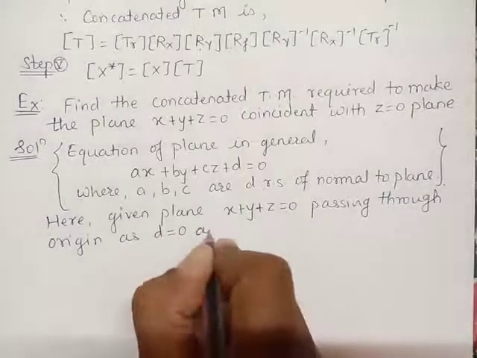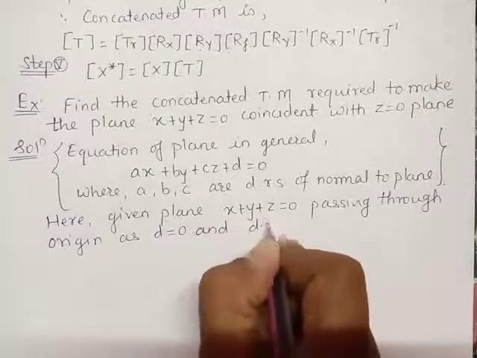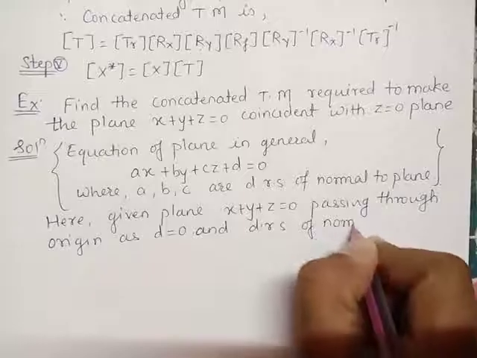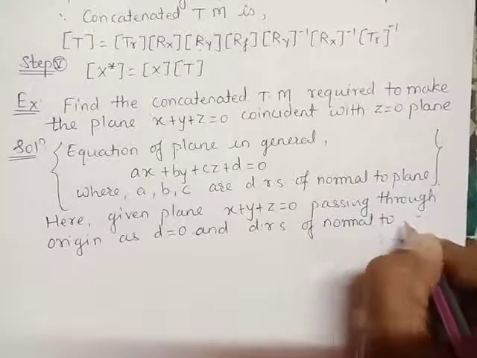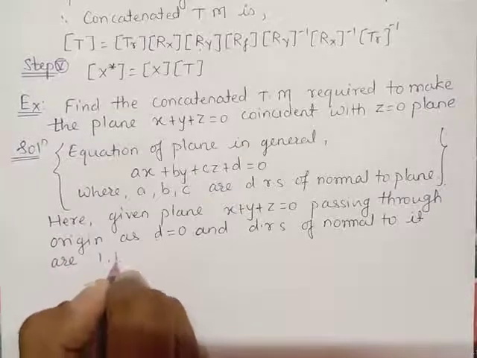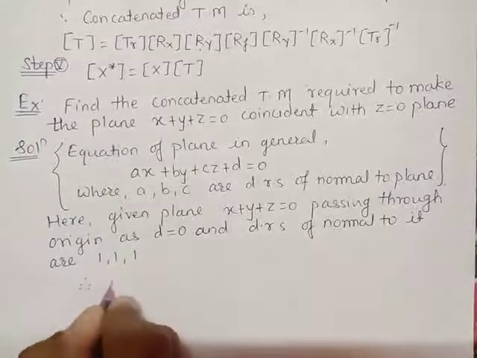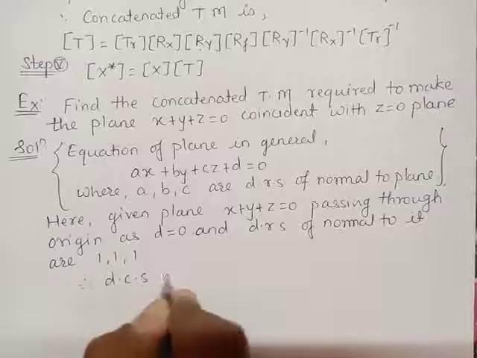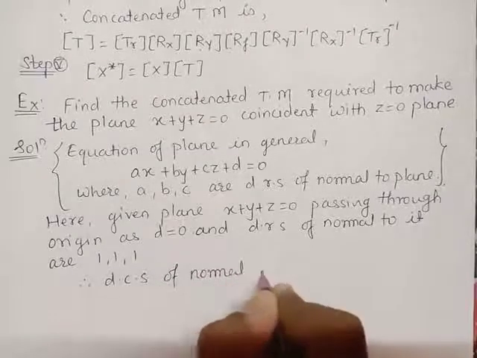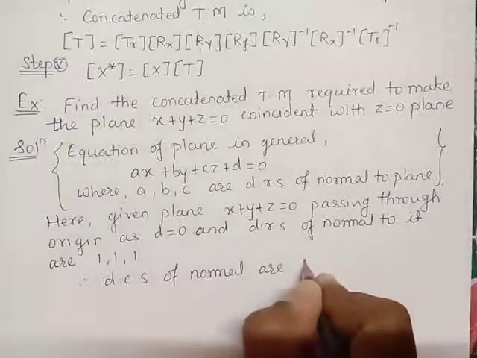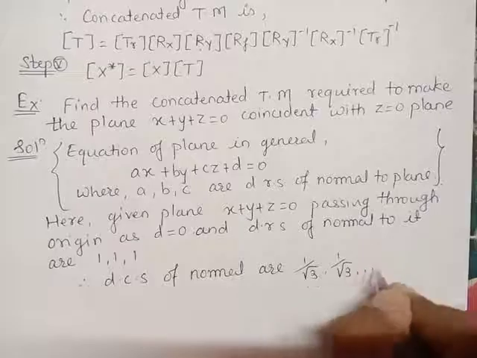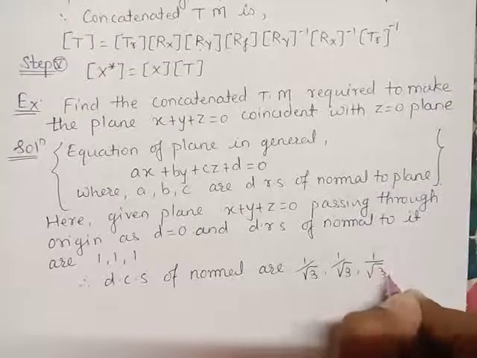And direction ratios of normal to that plane are what? 1, 1, 1. Therefore, direction cosines of normal are 1 by root 3, 1 by root 3 and 1 by root 3, right?